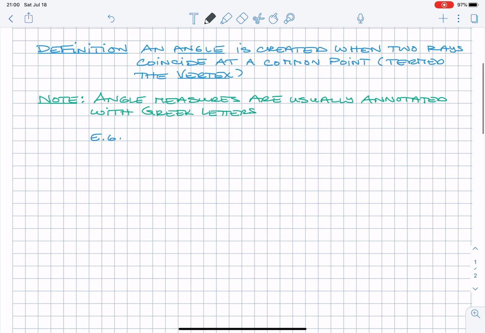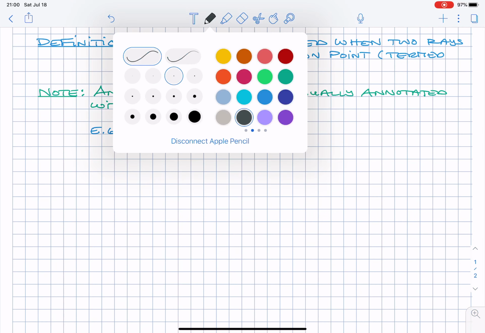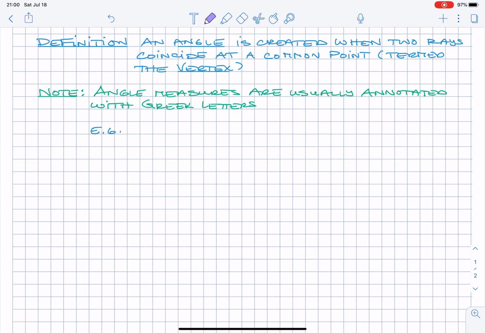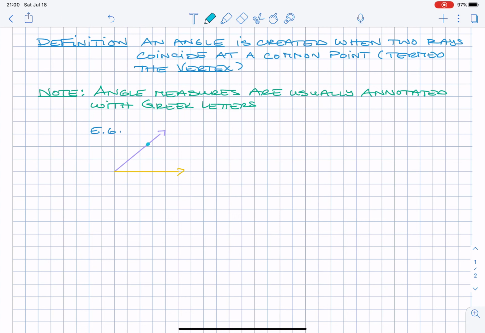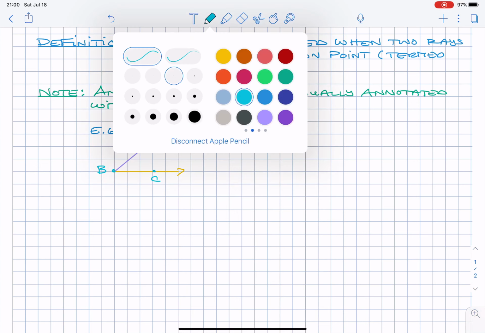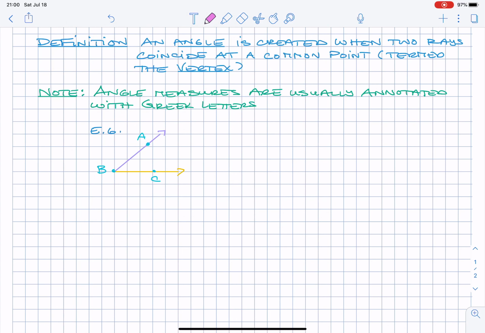So for example, say we have, let me color code this, one ray like so, and another ray like so. Let the three points be A, B, and C as before, and then we'll have angle theta here.